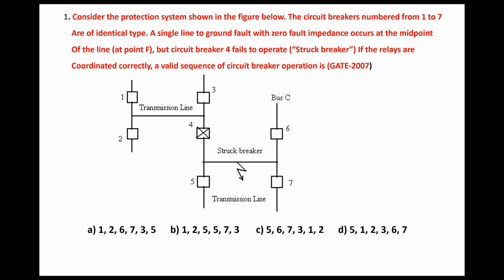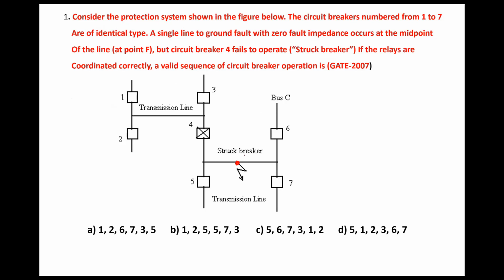Consider the protection system shown in the figure. The circuit breakers are numbered from 1 to 7. All are identical circuit breakers. A single line to ground fault occurs with zero fault impedance. That means a dead short circuit LG fault occurs at the point.